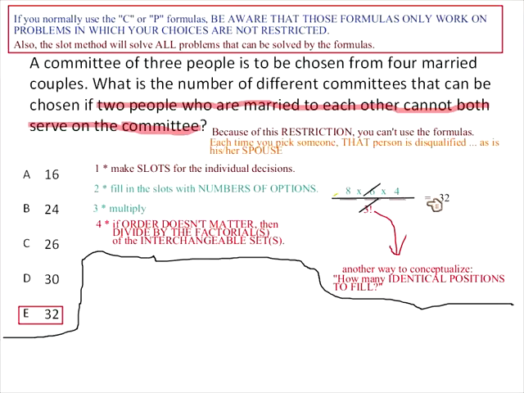So, let me change this up a little bit. I'll leave it on the same screen and see what you guys can do. What's the answer to this problem if the restrictions are the same, but one member of the committee is now chosen as president?